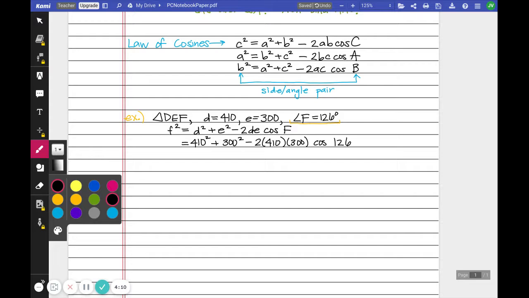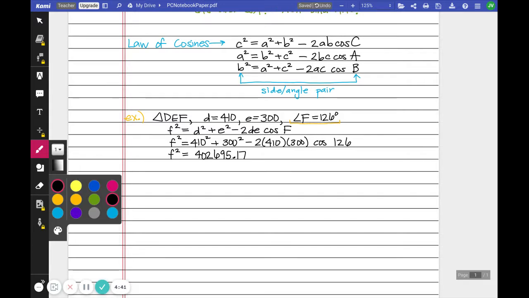So I'm going to say, calculator, do this: 410 squared plus 300 squared minus 2 times 410 times 300 times cosine 126. And if your calculator is like mine, we got 402,695.17.